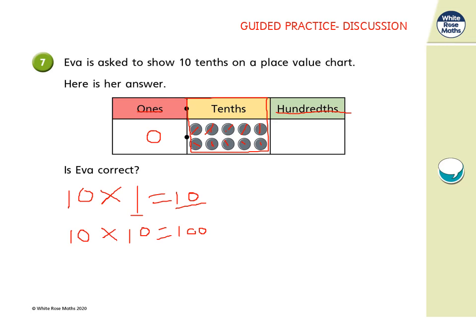Again here, if I had 10 lots of 10p, I could exchange it for £1. So remembering that if I have 10 counters in a column, I will always be able to exchange it for 1 counter in the next column to the left.